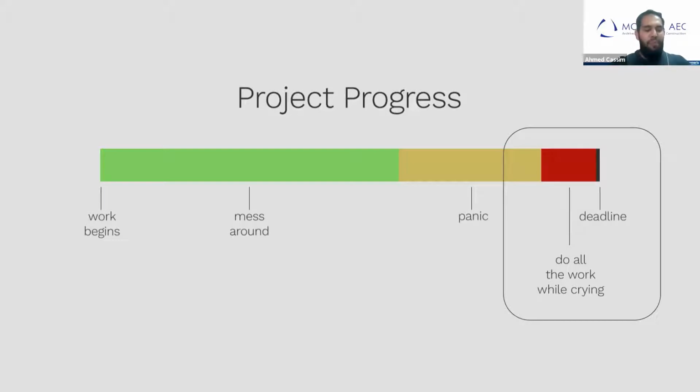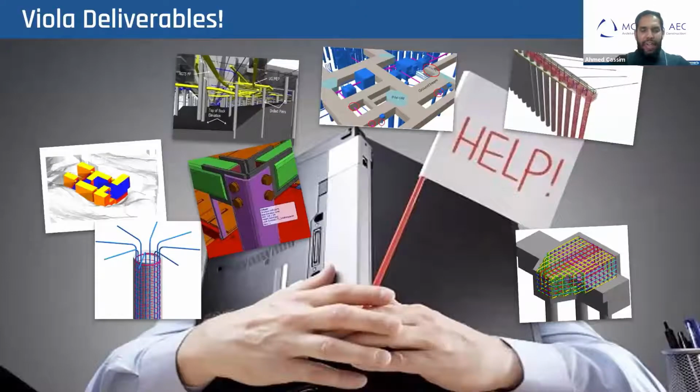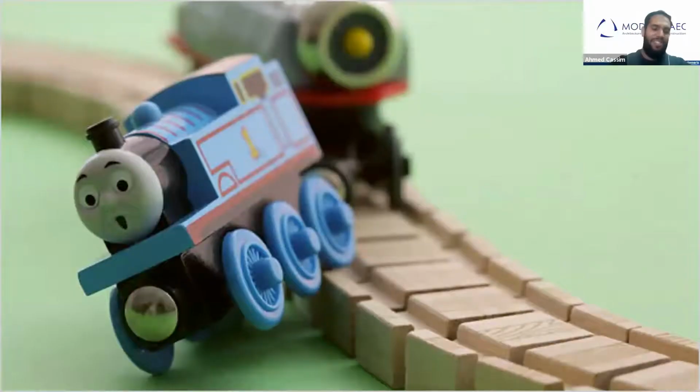And then we end up with all these deliverables from all the teams, and we want to report on all the thousands of clashes that we have from sometimes one person, and if we're lucky, a team. And there's this bottleneck of all that information, and that's if you get all those models before the deadline. And sometimes it's a train smash. The project derails, your coordination is off, the estimates are off because we didn't meet those expectations.